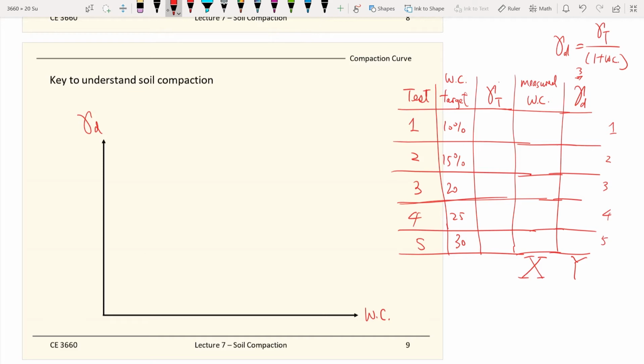Then you can form your compaction curve. You may get something like this. You need at least 5 points to define a curve. After you plot out the data points, then you can draw the curve.